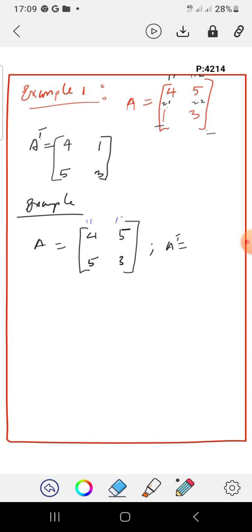This is 1, 2. This is 2, 1. This is 2, 2. So if you are taking the transpose, you just interchange stuff. This is going to be 4 since 1, 1 will remain as 1, 1, and this 5 will come here. So it's going to be 5. This 5 will go up there. It's going to be 5, and this place will be 3.